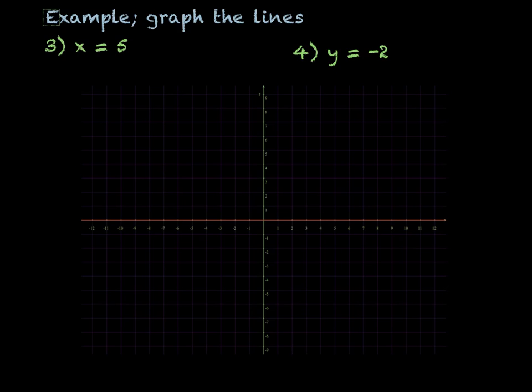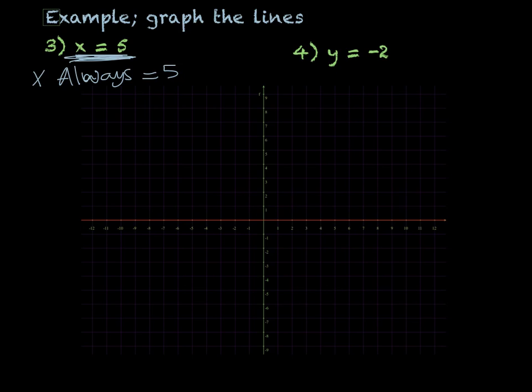For these next examples, all we want to do is graph the lines. One thing you should notice on these is there is only one variable, x equals 5. So I want to graph a line where x is always equal to 5.